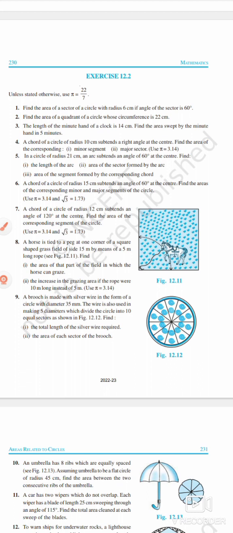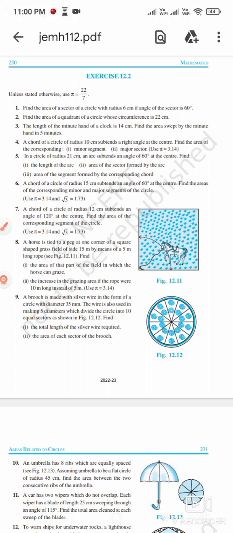First I need to find the value of theta, and then after that. So when I say the whole 360 degree is divided into 60 minutes. Okay, 60 minutes. So each is 60 minutes.